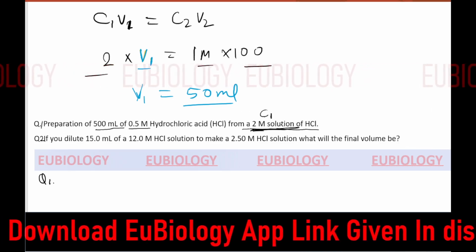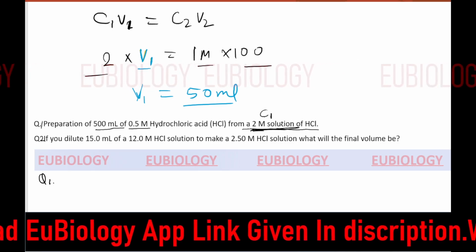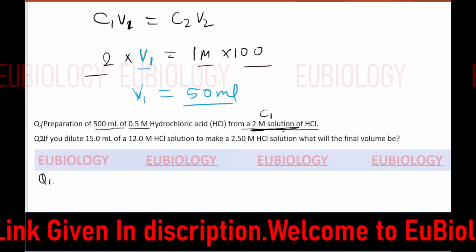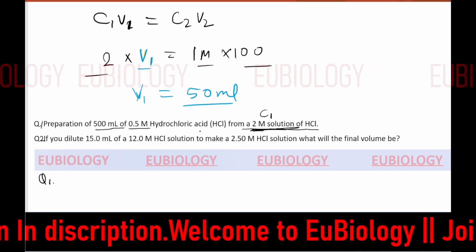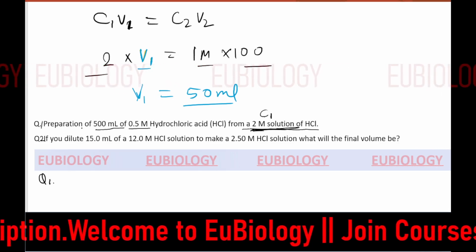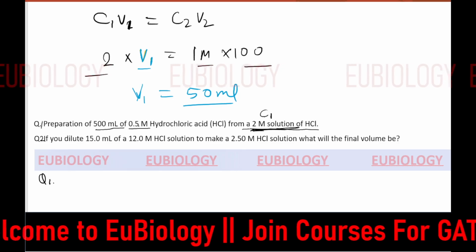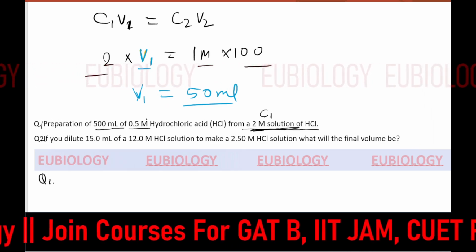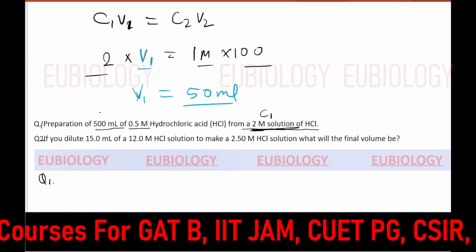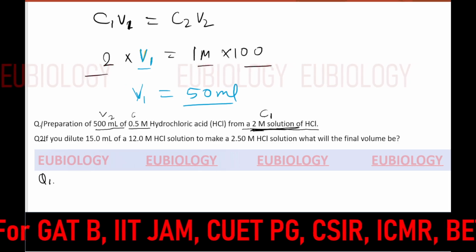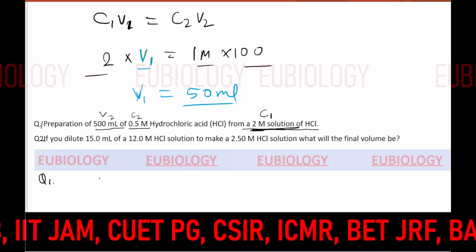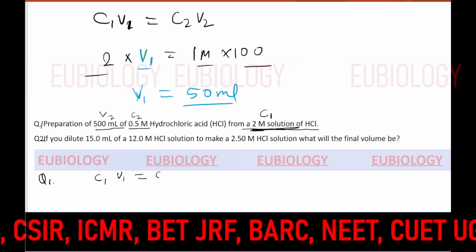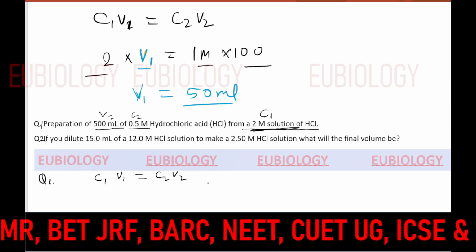Reading this, 500 ml of 0.5 molar means this is the volume 2, and this is the C2. So here is your equation, C1 into V1 equals C2 into V2.